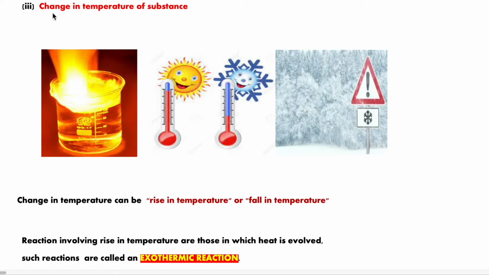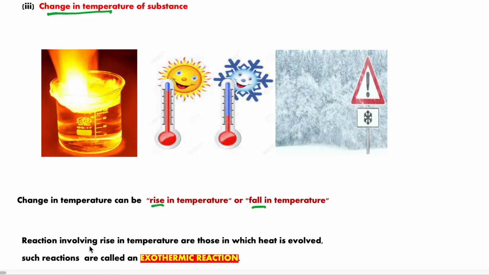Next characteristic we will talk about is change in temperature of substance. Children, some chemical reactions produce heat energy, which makes the reaction mixture hot, whereas some chemical reactions absorb heat energy, which makes the reaction mixture cold. So when we talk about the change in temperature, it can be both a rise in temperature or a fall in temperature in the reaction.